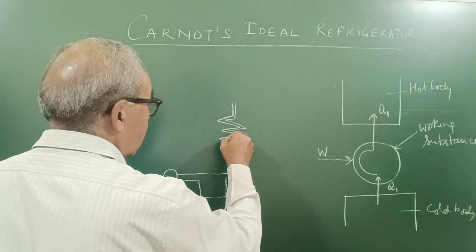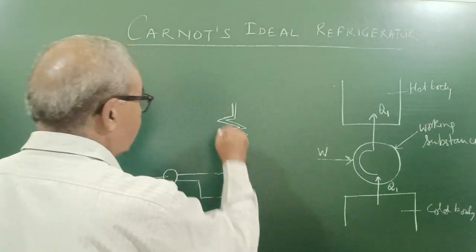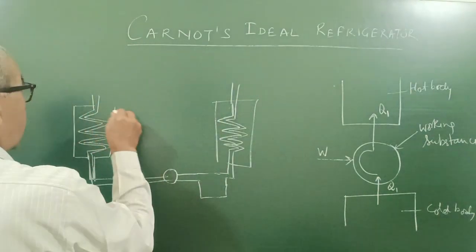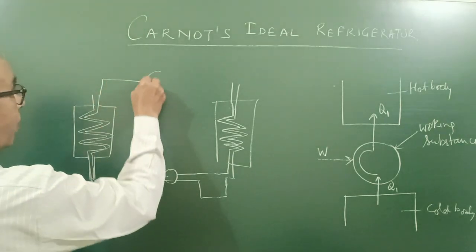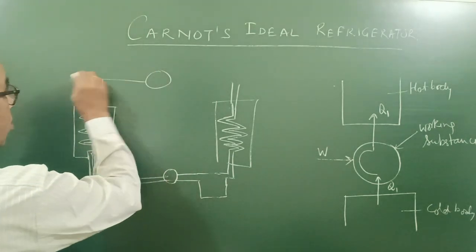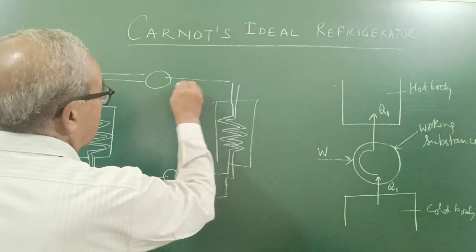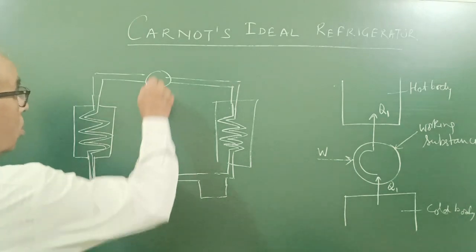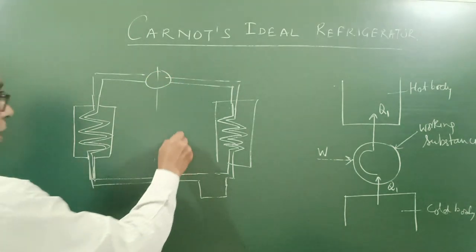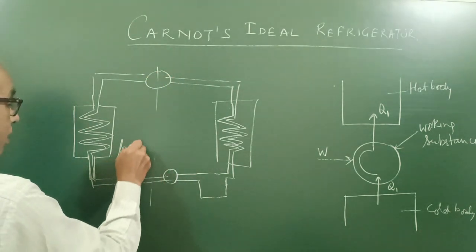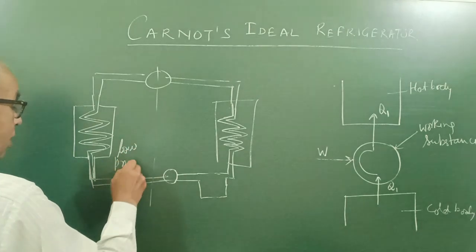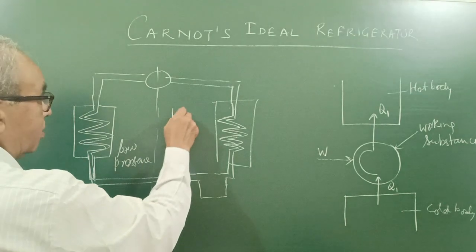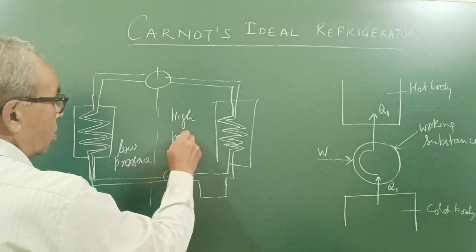What is a condenser? Where gas is liquefied. And here is the compressor. This is called the high pressure side and the low pressure side.